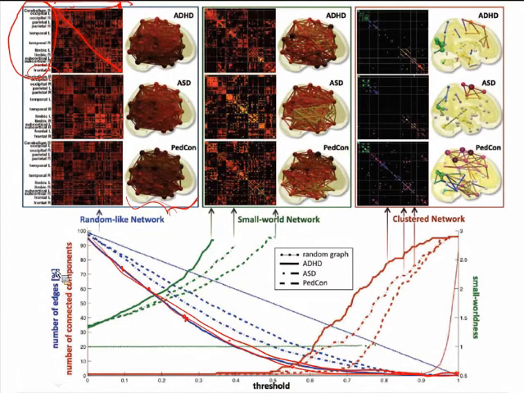And you can see, if we just take a look at the number of edges as we decrease the radius of the ball, the percentage of edges that actually exist is different for our ADHD, our autism spectrum, and our pediatric control. You can see that for our ADHD, the number of edges decreases more rapidly.